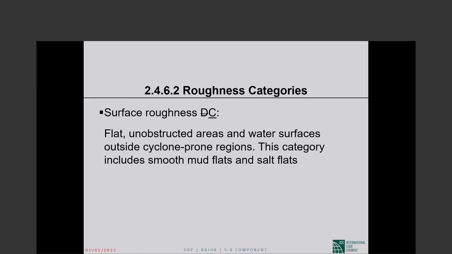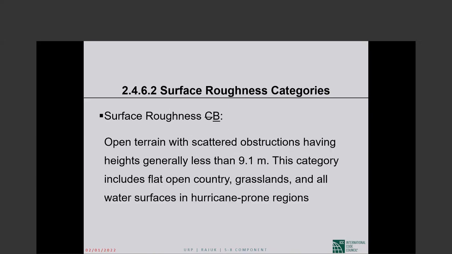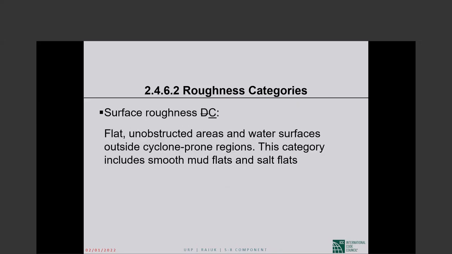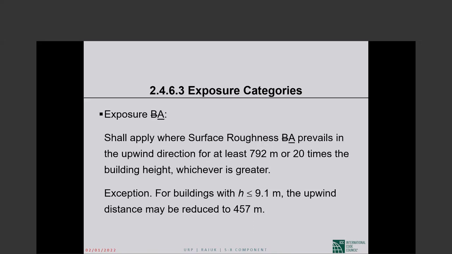So in cyclone-prone regions, you cannot have roughness category C. The worst is B. When wind is coming over a large body of water that is not in a cyclone-prone region, then you have surface roughness C. This category includes smooth mud flats and salt flats, if you have any. Okay, so we have roughness categories A, B, and C.